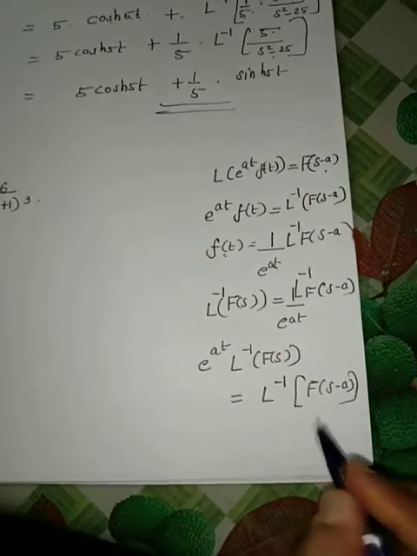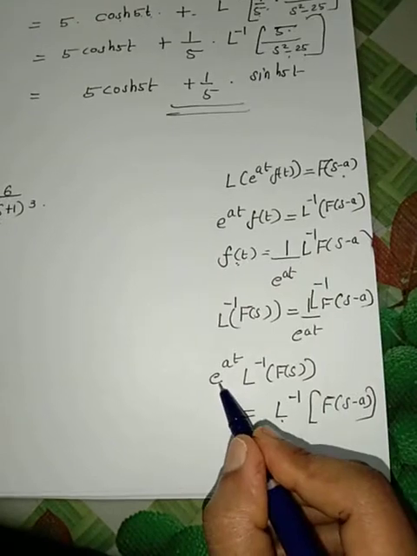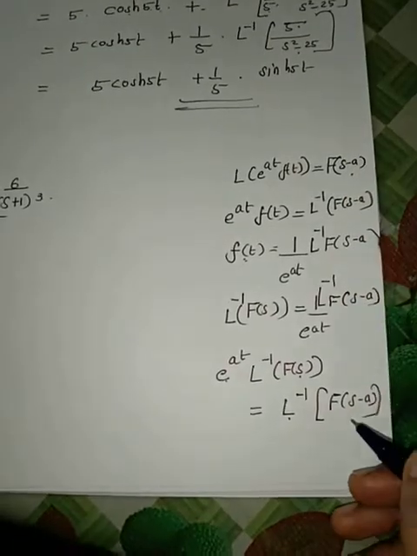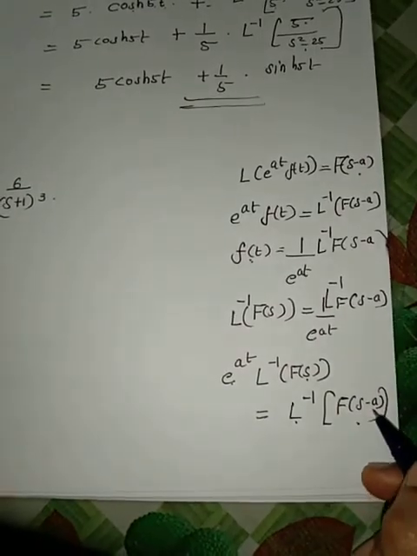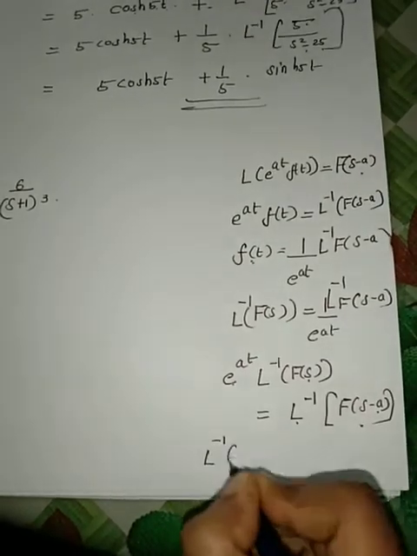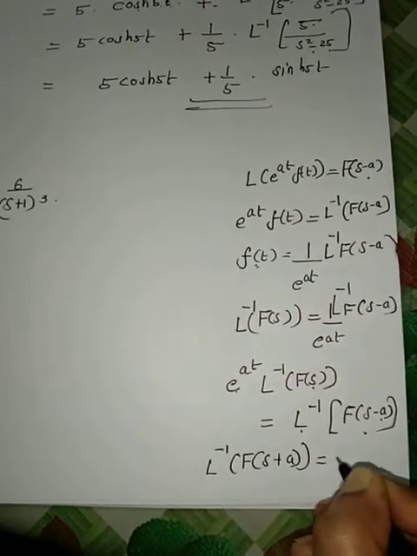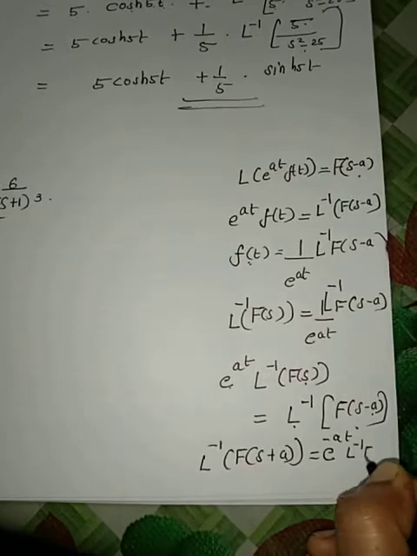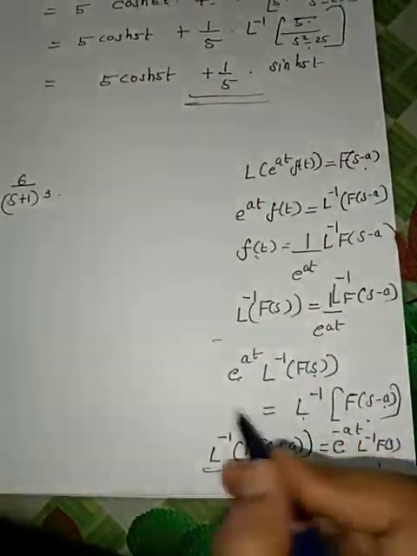Yes, this is the result. Using the shifting property, we can find this result. Instead of F of s minus a, if it is F of s plus a, we can write L inverse of F of s plus a is equal to e raised to minus at into L inverse of F of s. These are the two standard results.